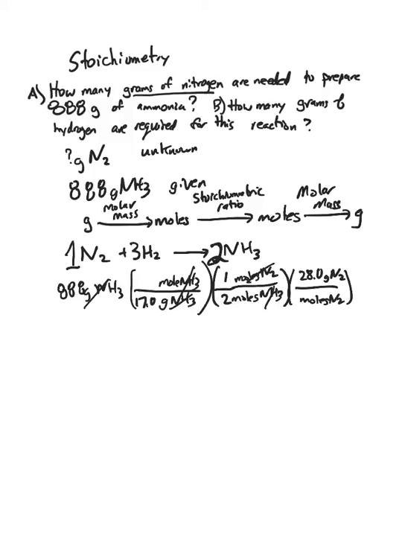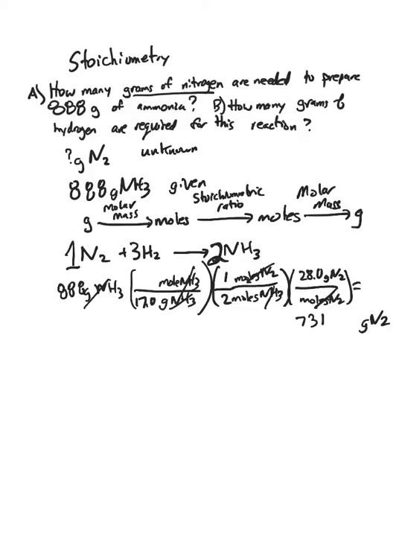So moles nitrogen divided by moles nitrogen, that gives us grams of nitrogen. So 888 divided by 17 times 1 divided by 2 times 28 would give me 731 grams of nitrogen.